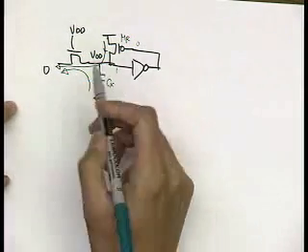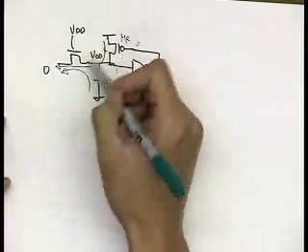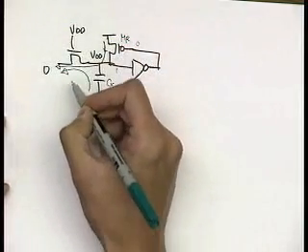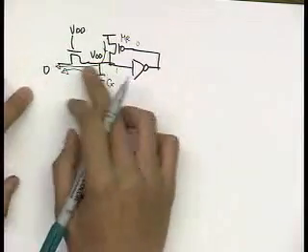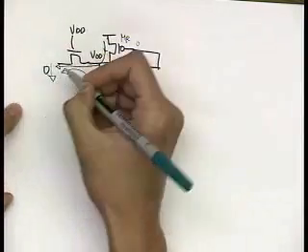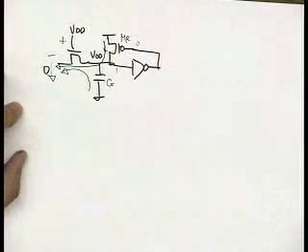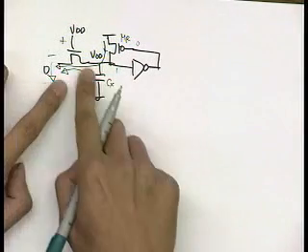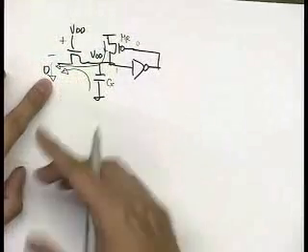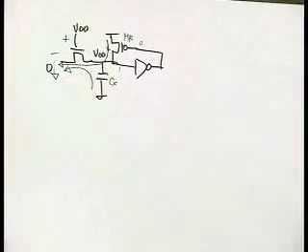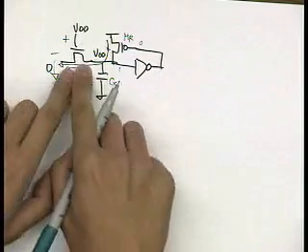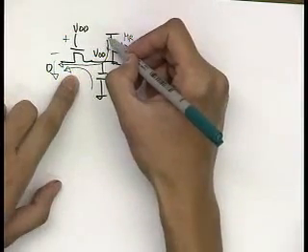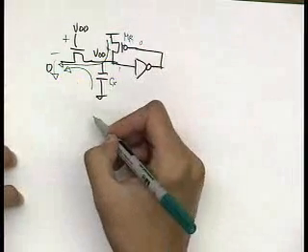When this inverter or this pass transistor can only sink so much current, right? If I have a 0 here, then I have a certain amount of VGS across it. If I have a certain VGS, certain width-to-length, I have a certain current, and that current is fixed. Now, what happens if that current... so what do we have here?